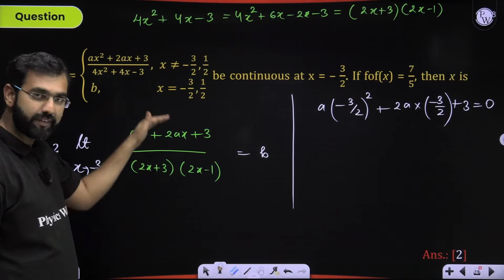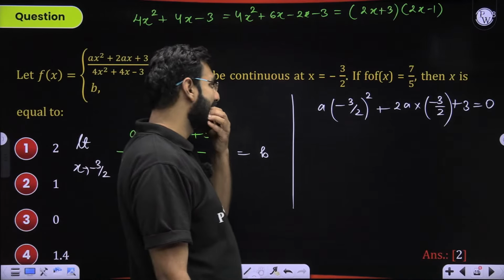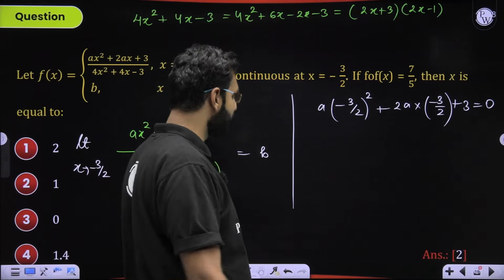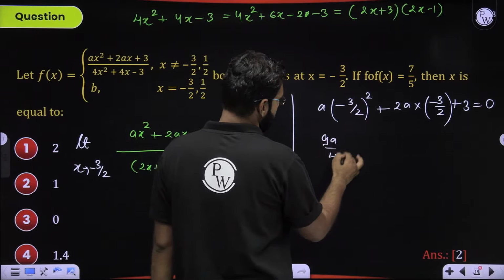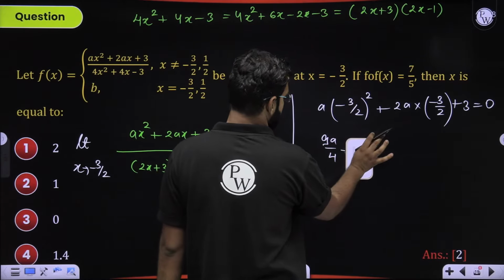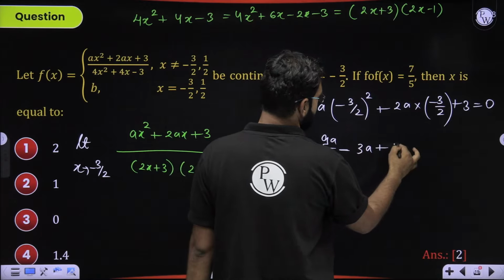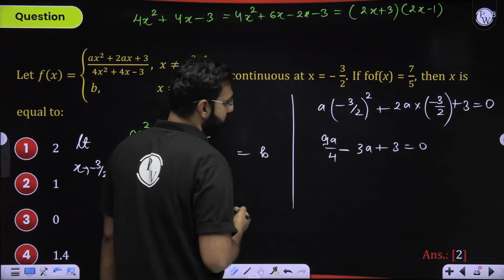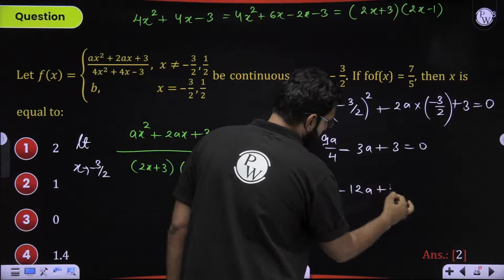Because we want it to be 0 by 0 form, because the denominator is 0 at x equals minus 3 by 2. So when you solve this, you will get the value of a. It will be 9a by 4 minus 3a plus 3 should be 0. When I multiply both sides by 4, 9a minus 12a plus 12 is equal to 0.